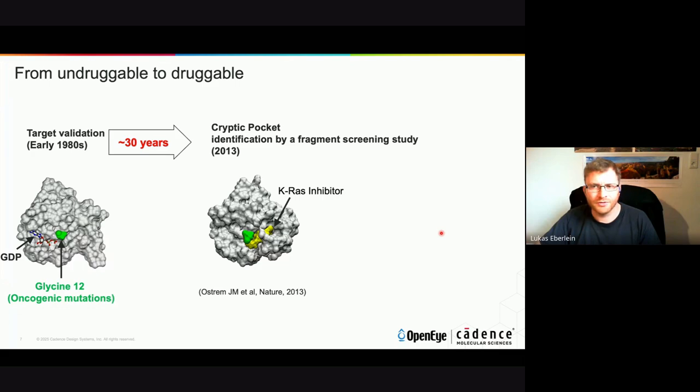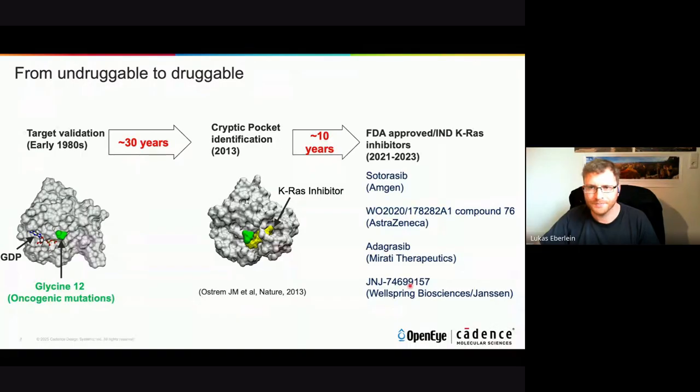It took around 30 years before people would find the switch 2 pocket here in this area of the protein in KRAS, which was discovered by work from Kevan Shokat's lab at UCSF in 2013, where he was doing some covalent fragment screening and found that this switch 2 pocket was potentially suitable for therapeutic design.